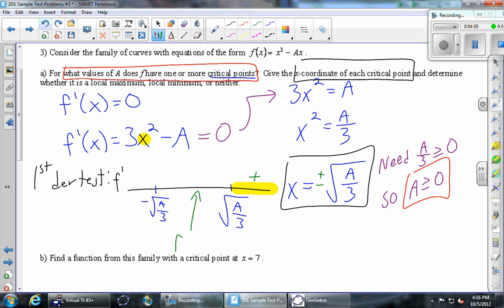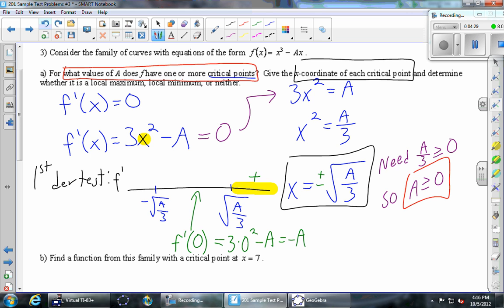Inside of here, well, there's kind of one natural number. When you say it's a natural number, it's actually not technically a natural number. It's a whole number. But there's one number in there that's kind of natural to pick. 0 is definitely in between these things. So if we plug 0 into the derivative, we get negative a. Now, negative a could be a positive number or it could be a negative number.